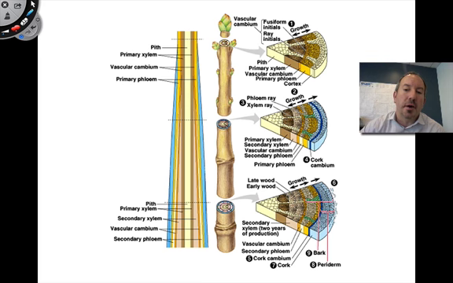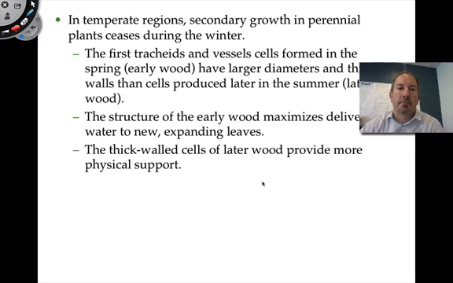And as years go on, this layer right here, let me emphasize it, this layer right here will eventually make the ring. So that'll be 1 year, and then the next year, and the next year. And so in temperate regions, the secondary growth in a perennial plant ceases in the winter.